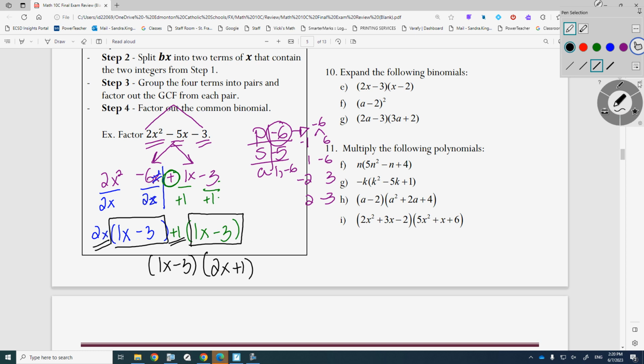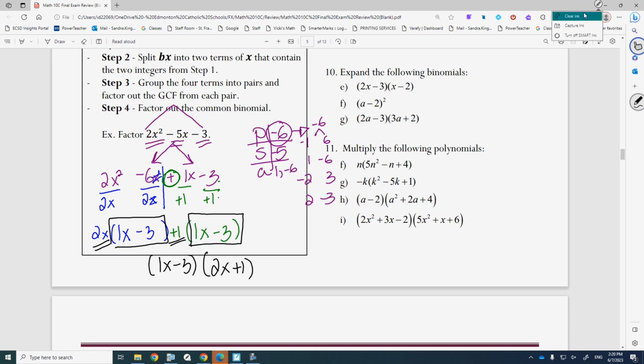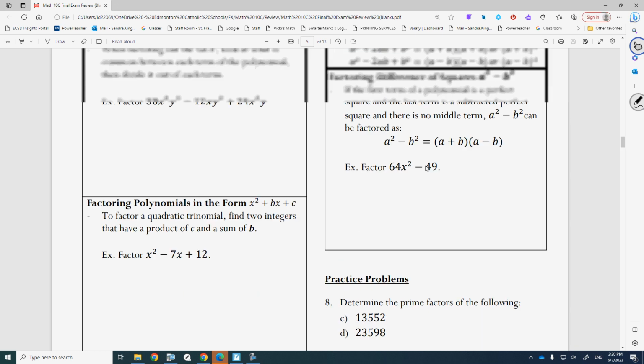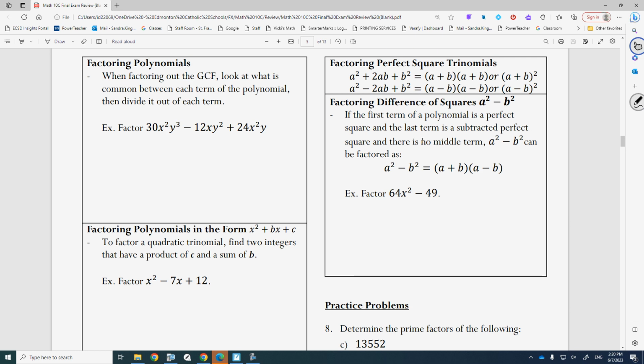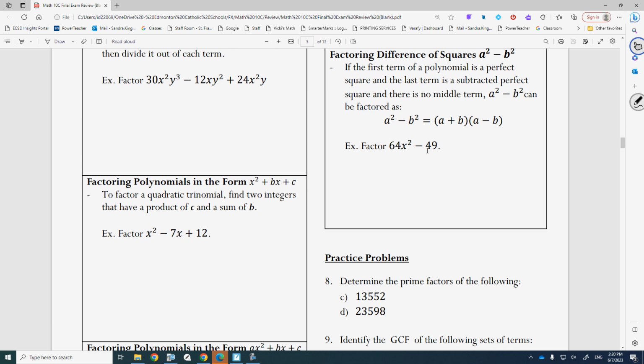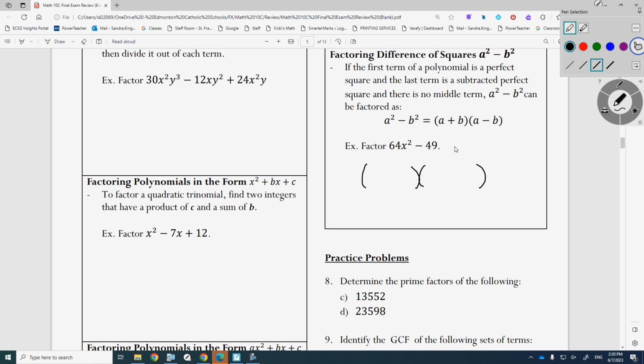Let's do difference of squares, which is our last one. Difference of squares is 2 terms. You set up 2 brackets. You take the square root of 64x squared.